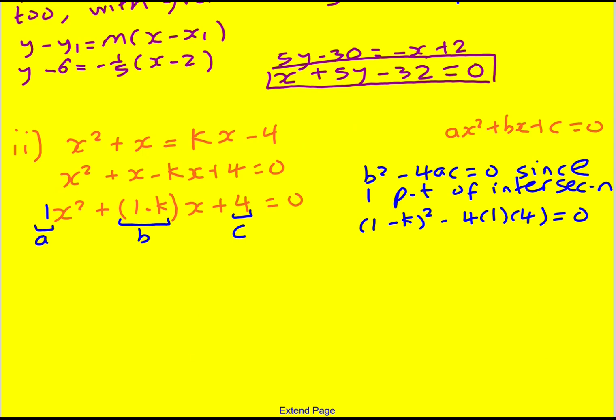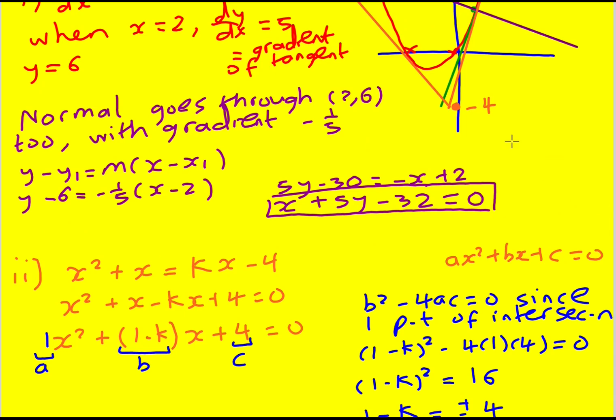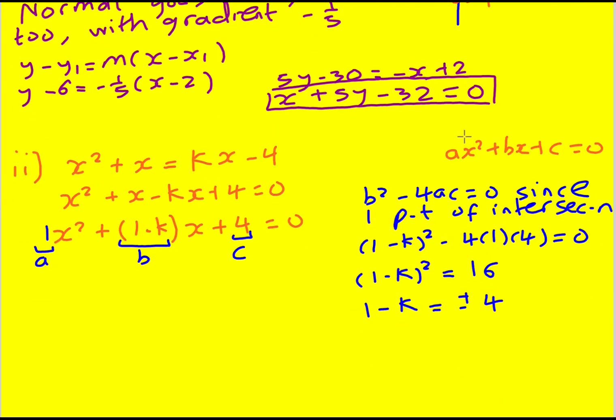You can either expand this and solve the quadratic, but an even better way is to use the fact that it's actually in completed square form. 1 minus k squared is then going to equal 16, and we can just take the square root directly from there. Plus or minus 4 when you take the square root. Don't forget the minus. I already showed you from the graph there's going to be two possible gradients, one negative and one positive. So that means minus k, I'm going to be minusing 1, so minus k is going to equal 3, or minus 5, which means k is going to equal minus 3 or 5.